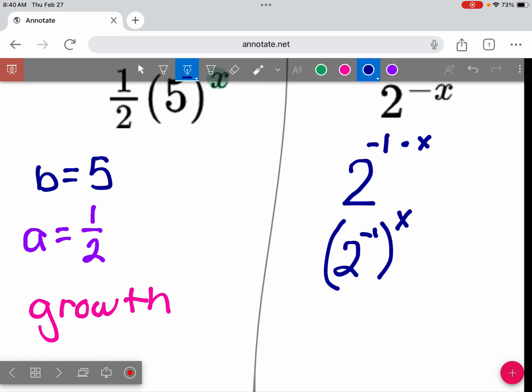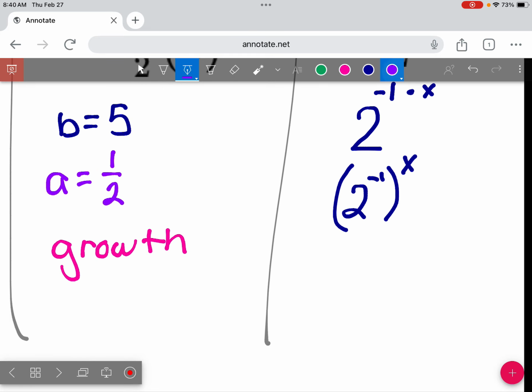We just look just inside here. What does 2 to the -1 look like? If you type 2 to the -1 in the calculator, what do you get? Type it in. 2 to the power of -1.